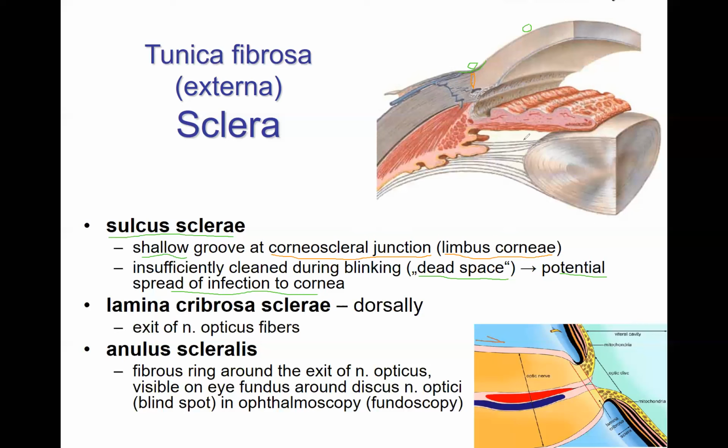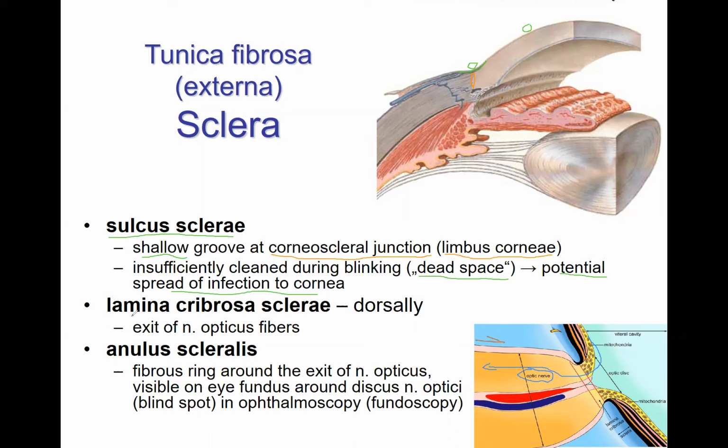So we leave the anterior segment and we go to the posterior segment. And dorsally, you can see here is the optic nerve, and the fibers of the optic nerve, of course, leave the eyeball this way, and they have to go through the sclera.